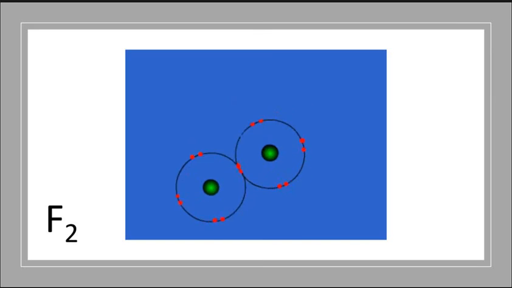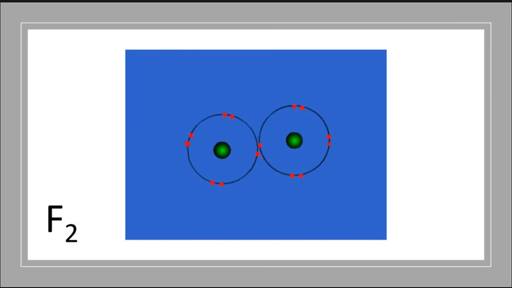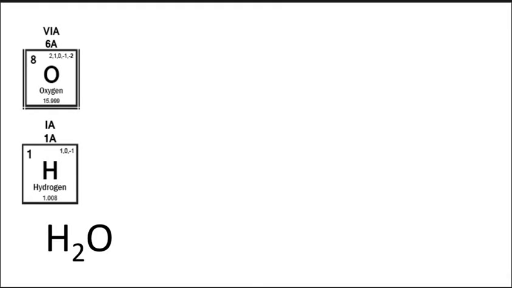Okay, next, to get a little more complicated, you are going to make water. So you look at your periodic chart and you find oxygen and hydrogen, which are the two elements of water, and you notice that oxygen is in 6A, which means it has 6 valence electrons, and hydrogen is in group 1A, which means that it has 1 valence electron.